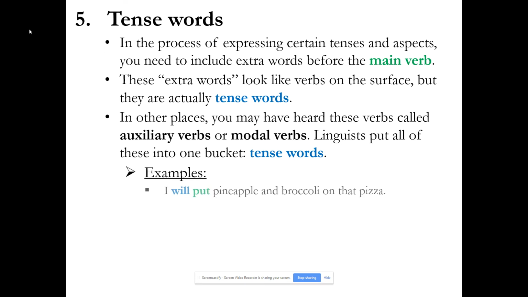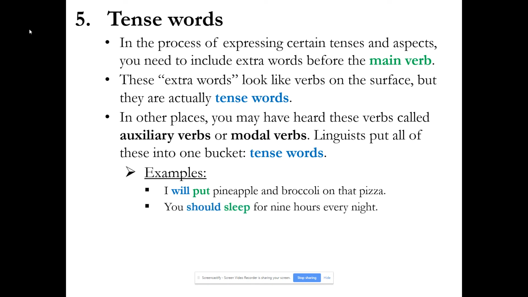So some examples, right? I will put pineapple and broccoli on that pizza, right? Will is actually the auxiliary verb we use to express the future tense in English. So I will put pineapple and broccoli on that pizza. The putting of that pineapple and broccoli is an event that will happen in the future.